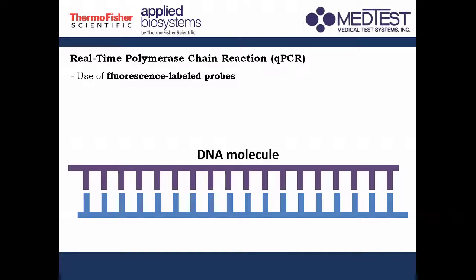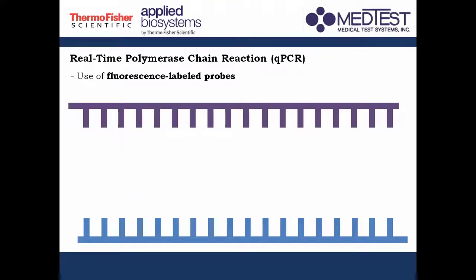For the real-time polymerase chain reaction, this uses fluorescence labeled probes. So ano po ba yung fluorescence labeled probes? If you look at this sort of basic animation, you have your DNA template here, and for your real-time PCR, we use a series of temperature changes for you to be able to denature your DNA into single strands.